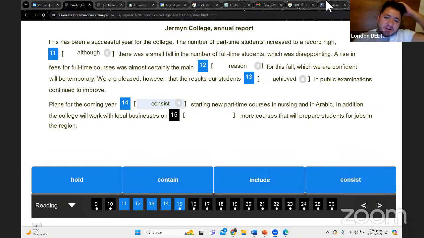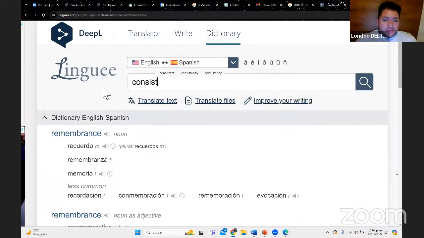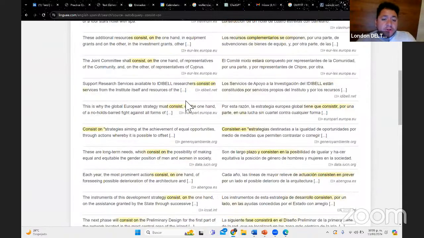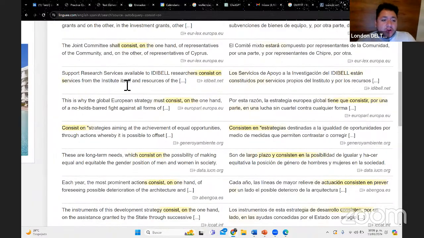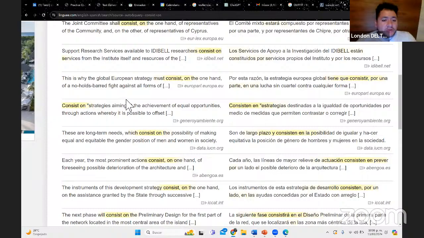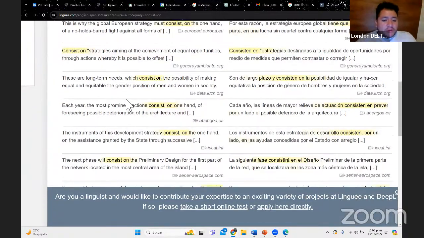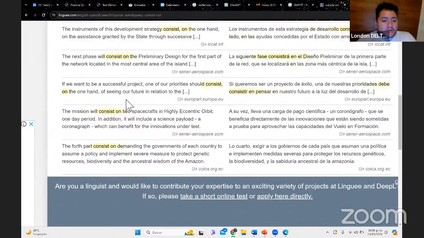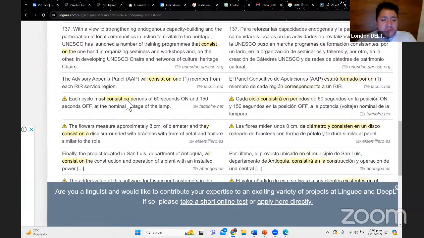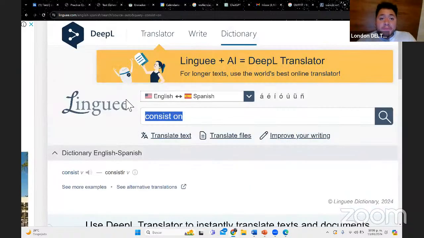You can check in Lingui. Consist on y ver qué frases hay con consist, ¿no? Y aquí pone, ¿no? Researchers consist on services, must consist on the one hand of a, consist on. Ok, entonces vemos que sí, efectivamente consist siempre va acompañado de on.